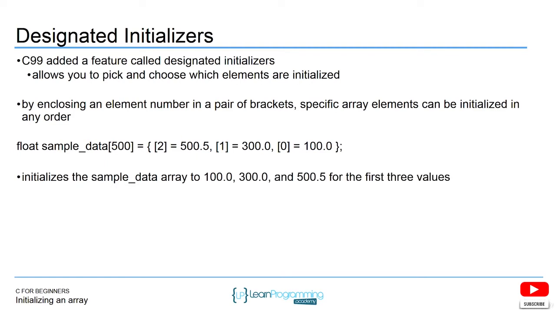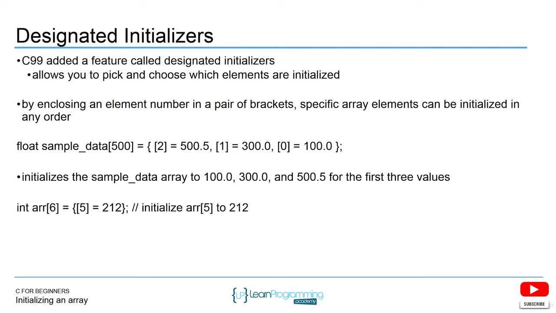All this is doing is specifying the same thing that we had in the previous example, but in a different order. But you're still going to have the first element equal to 100, the second element equal to 300, and the third element equal to 500.5. But we're specifying what index to initialize right in the curly brackets.